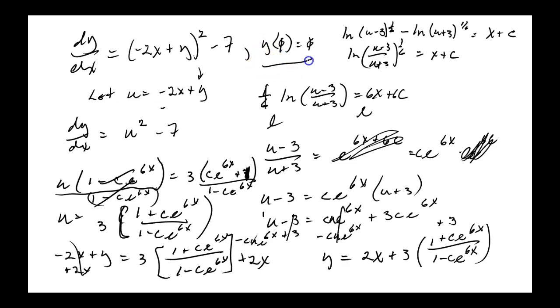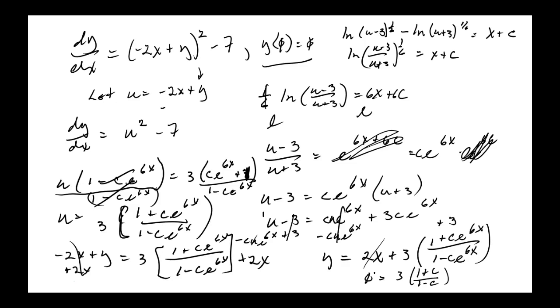But we have an initial condition. So when x is equal to 0, y is supposed to be 0. So that will be 0. And when x is 0, this is just going to be 3 times 1 plus c over 1 minus c. Because e to the 0 is 1. Okay? And that's equal to 0.